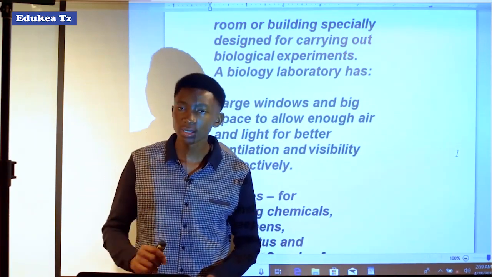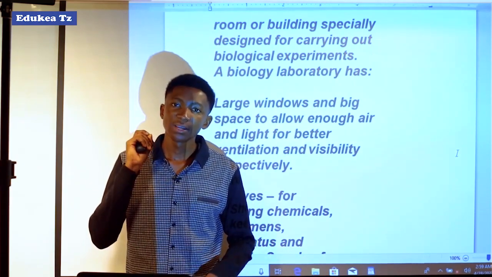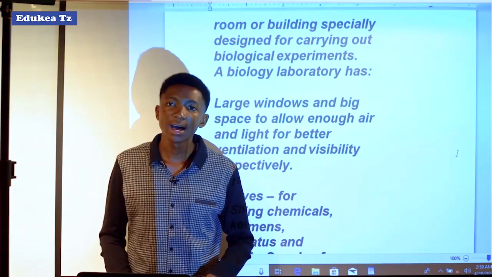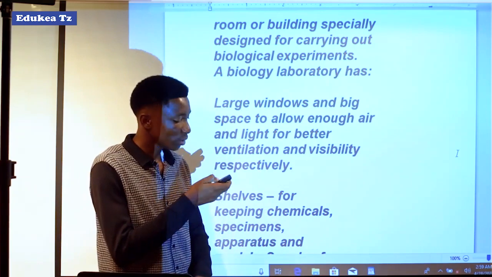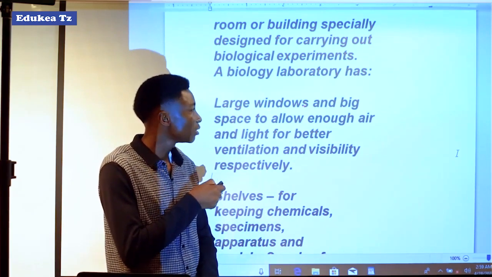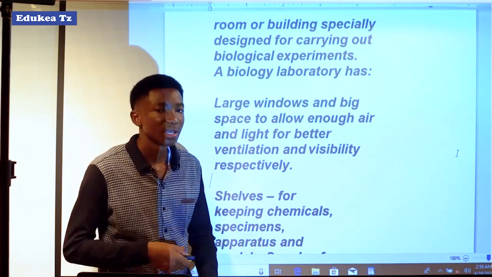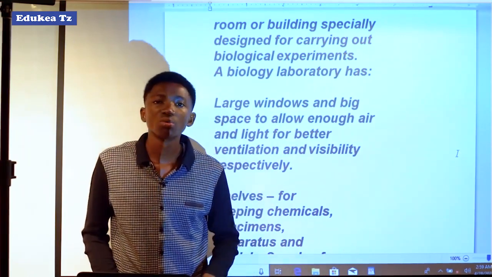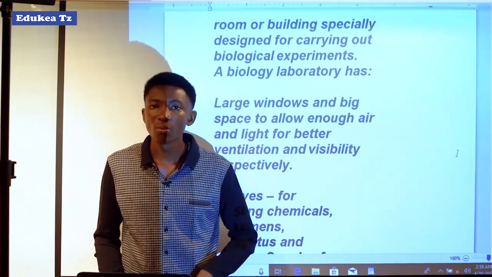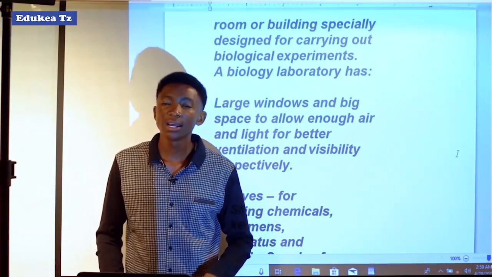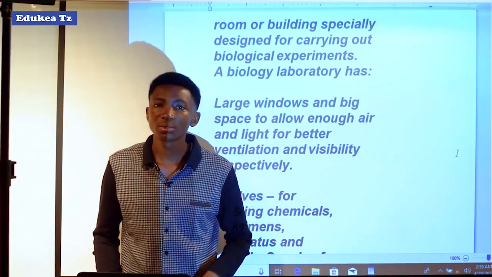So they can breathe well and safely, with air entering the laboratory. That's why we need large windows and then big space to allow enough air to enter the laboratory, so that the animals kept there can survive.